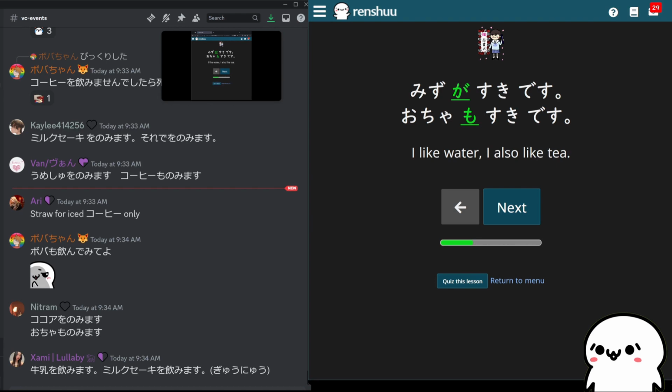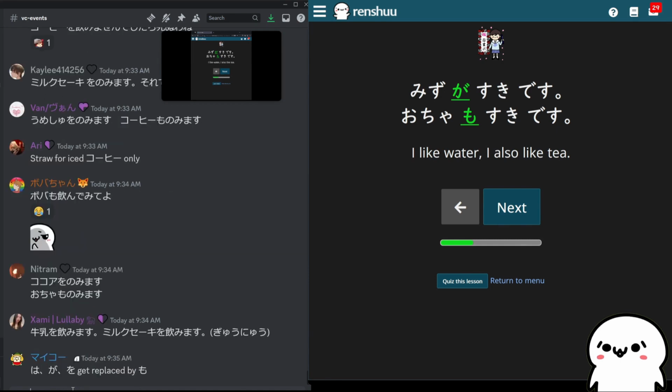And just like that, if you're talking not about drinks that you drink, but drinks that you like, you might say mizu ga suki desu, ocha mo suki desu. So, to recap, we've got 3 particles that get replaced by mo. If they were the ga or the wa or the o in the first sentence, they're getting replaced by mo in the second sentence.